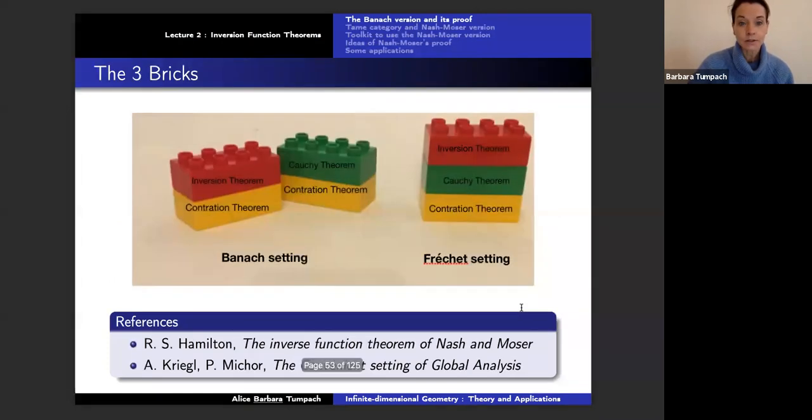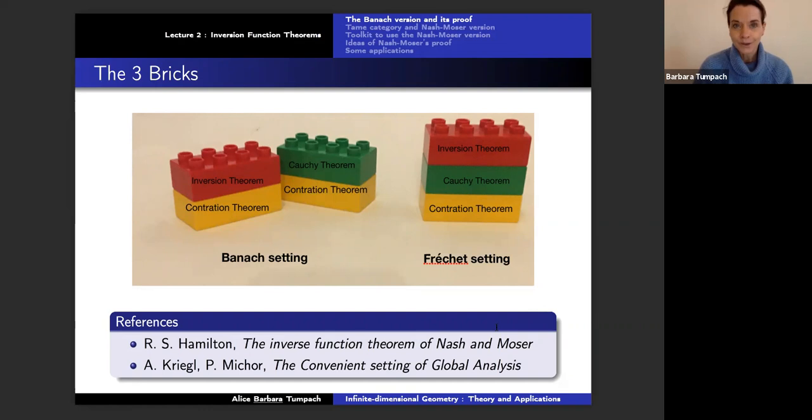Let's go on. So here we start with the Banach version and the Fréchet version of the inverse function theorem. The picture you see is just to give an idea of how these proofs are built. There are three theorems playing a role here.